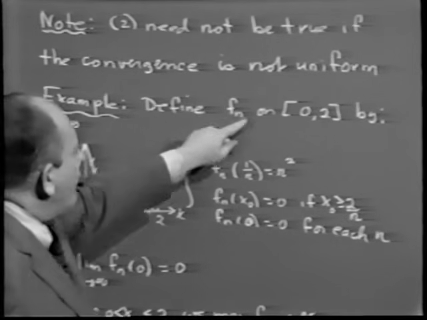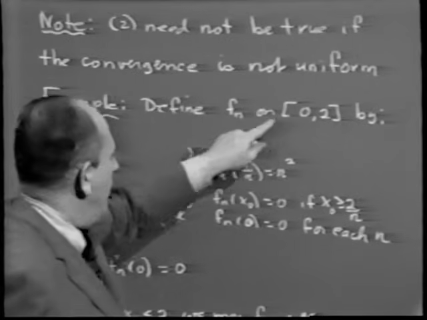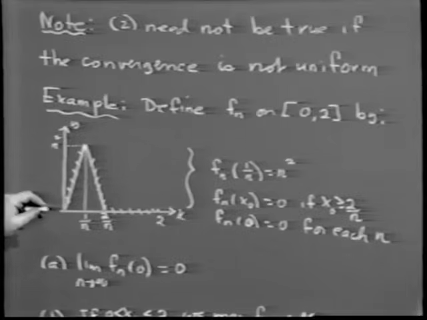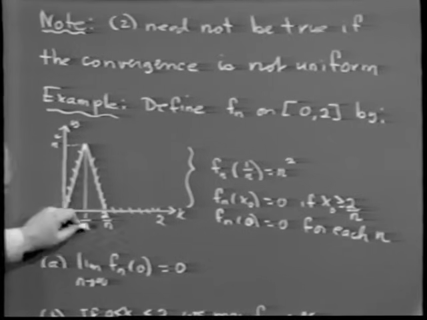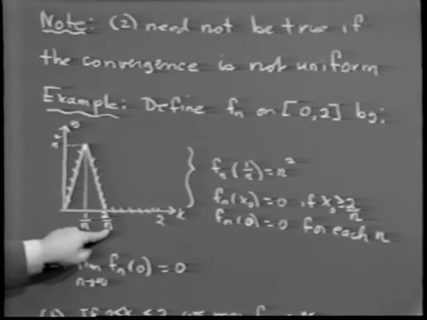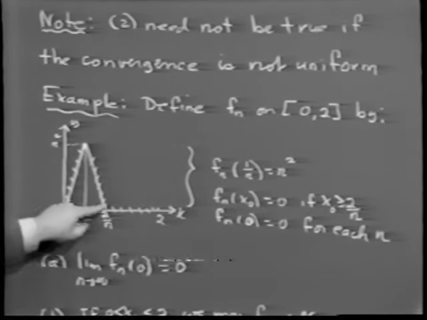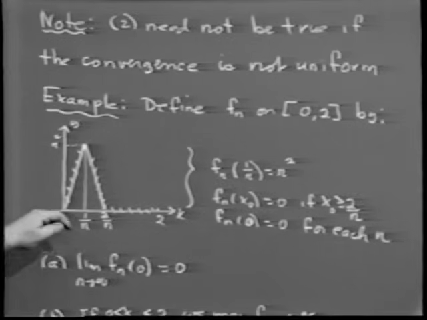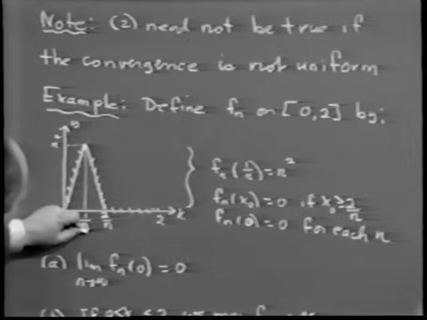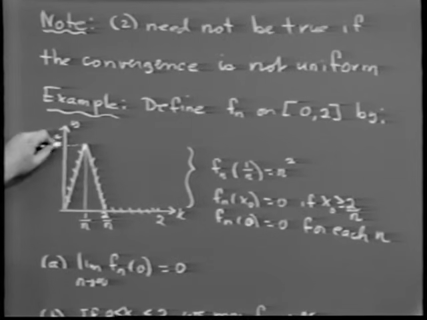We define a function on the closed interval from 0 to 2, which I'll call f sub n, as follows. For a given n, I will locate the points 1 over n and 2 over n. For example, if n happened to be 50, this would be 1/50th, and this would be 2/50ths. Now, at the x value 1 over n, I take as the corresponding y value n squared.